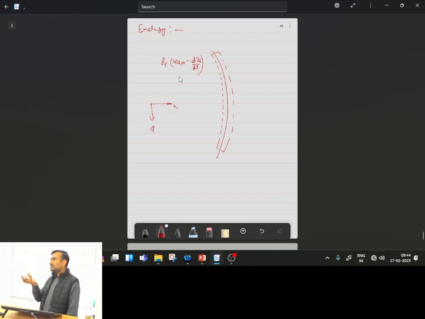Now, whenever some mass comes at the inlet, it carries certain energy. So let us consider that small el is the energy carried by this. The vapor leaving will be rho v wvn minus dzi by dt, and let's consider that the energy carried by this is E. Now, what will be EL and EV?